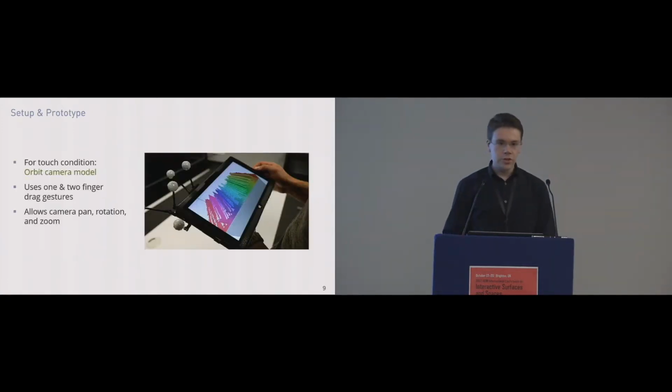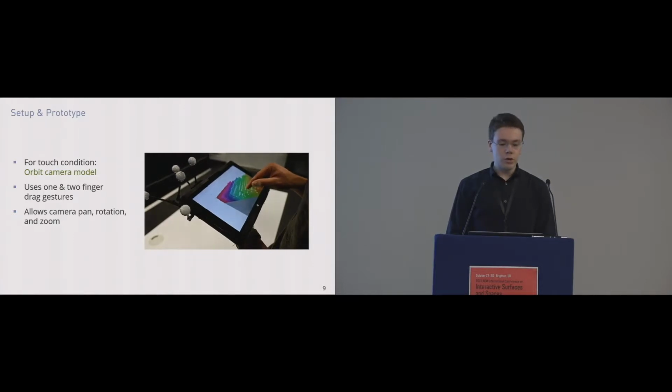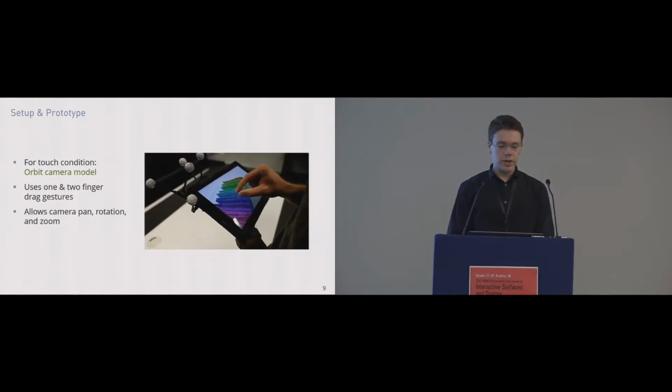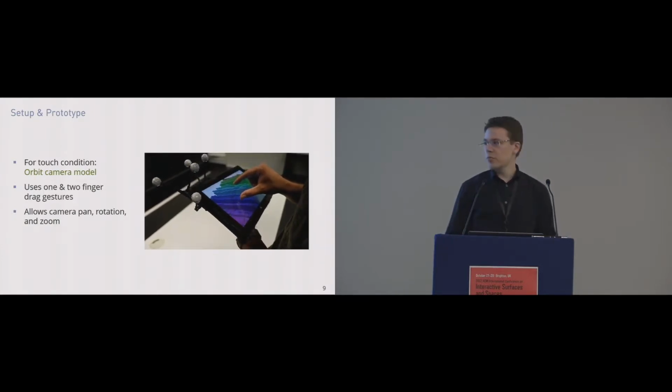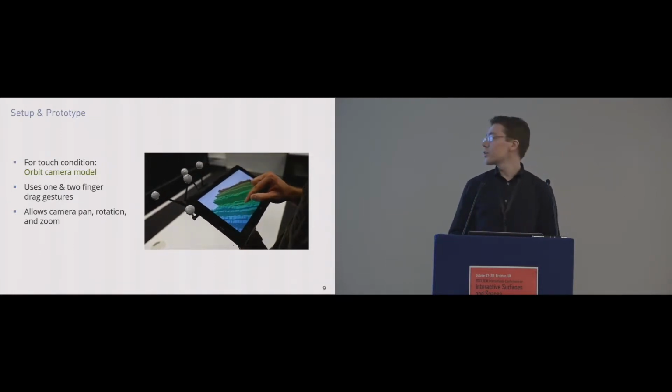As the baseline condition of touch, we use an orbit camera model. You can see that in this video. So basically you use one or two finger drag gestures, and we support camera panning, rotation, and zoom. So it's basically the same prototype that we also use for the spatial interaction, but with a touch camera.